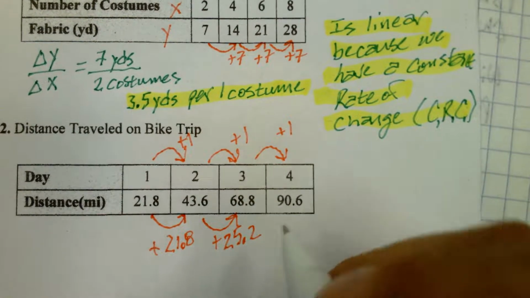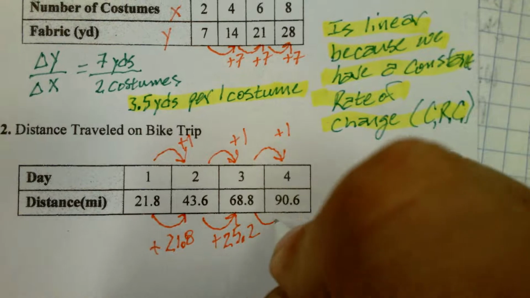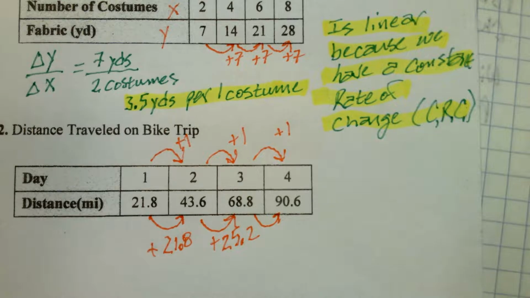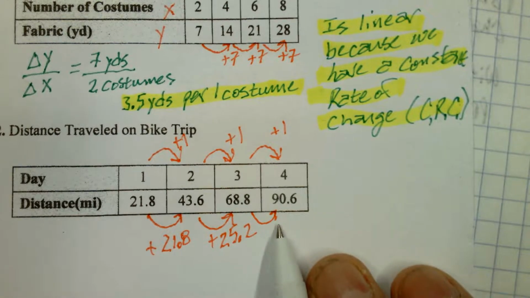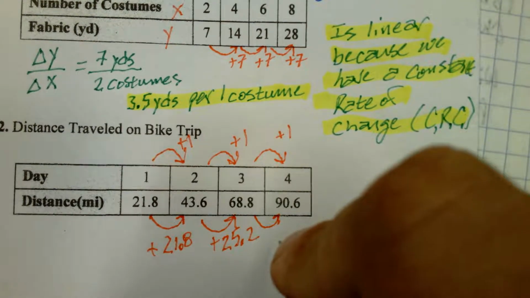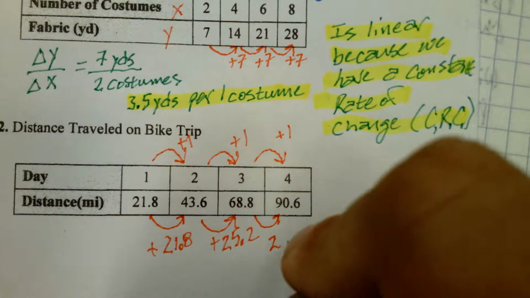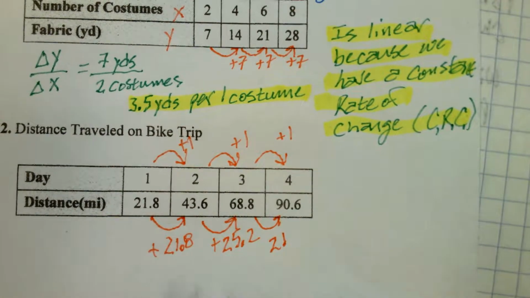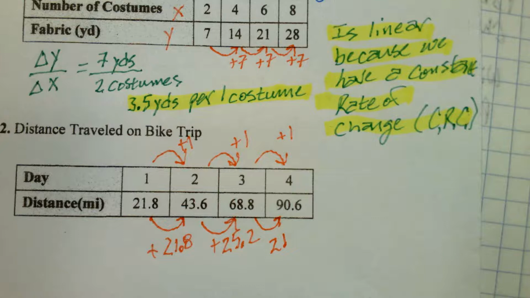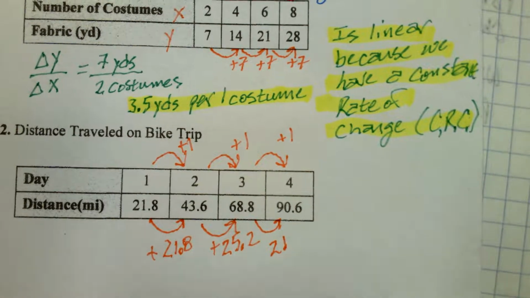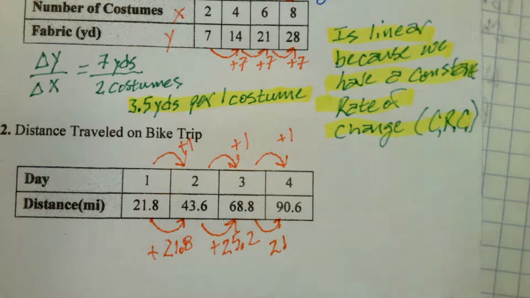So last one. What's the last one? We're going from 68.8 to 90.6. 22.2? 90.6 take away 68.8. 22 point something.